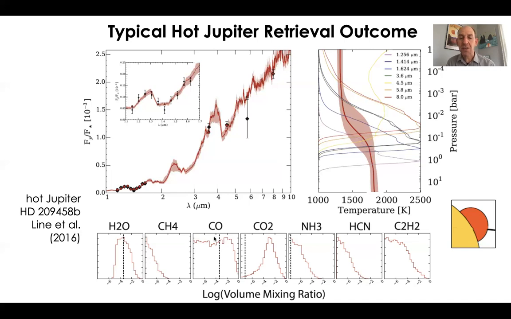We have some detection of either CO or CO2 because they both absorb at 4.5 microns. And we just have upper limits on these other molecules. This is one particular example, but it gives you a flavor for what retrieval models are trying to do. They are data-driven, and based on the observations, they drive the MCMC towards a solution with confidence intervals in terms of the atmospheric abundances and the pressure temperature profile.